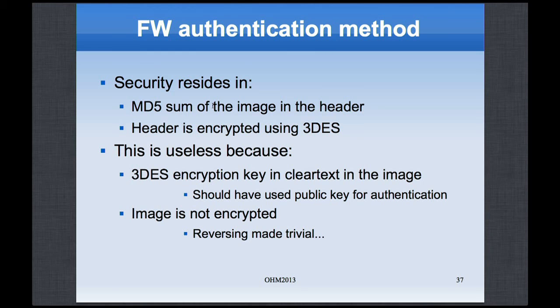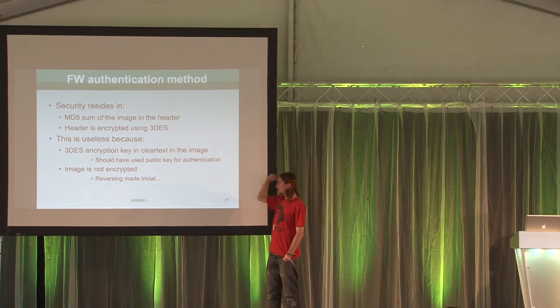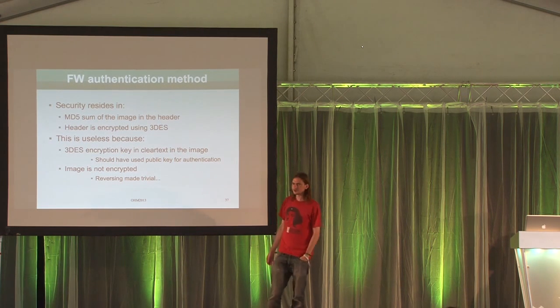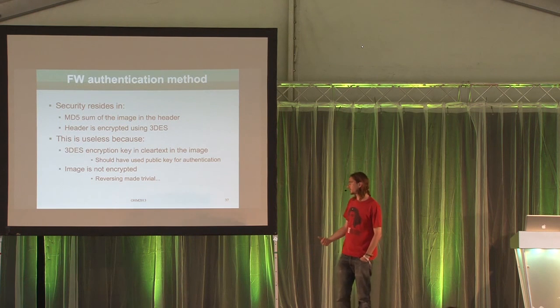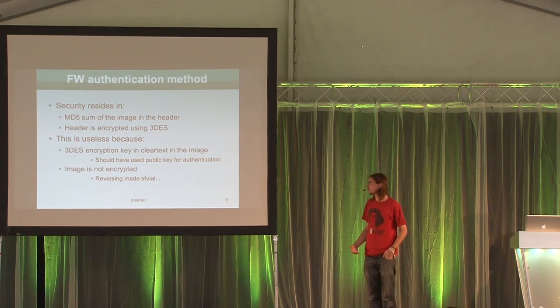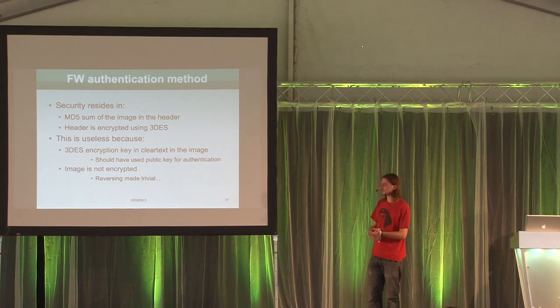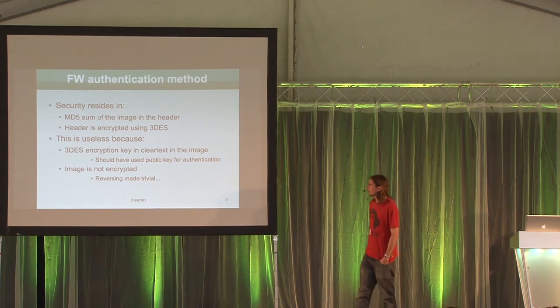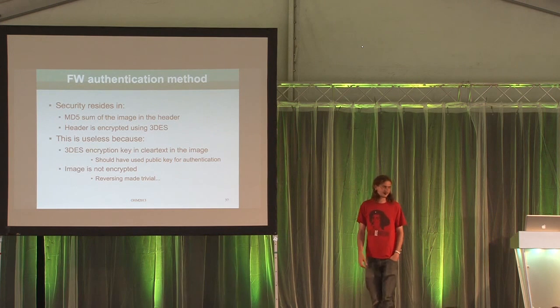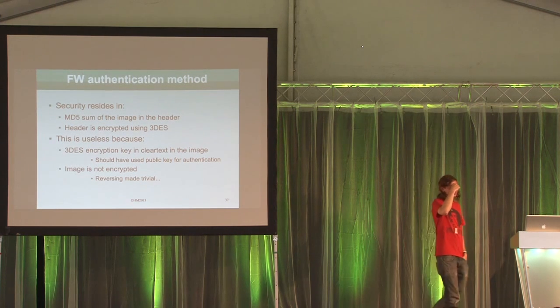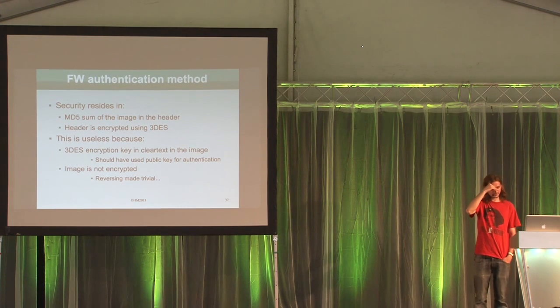Normally, if you want to authenticate without leaking information, they should have used public key authentication, so that you could only find the certificate on the image, and the certificate is just a public key, you don't care about it, it's not useful for reconstructing a valid firmware image.